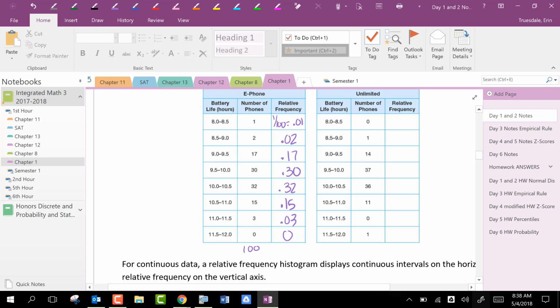Okay, why don't you guys do it here for the unlimited? I believe there's also 100 phones.